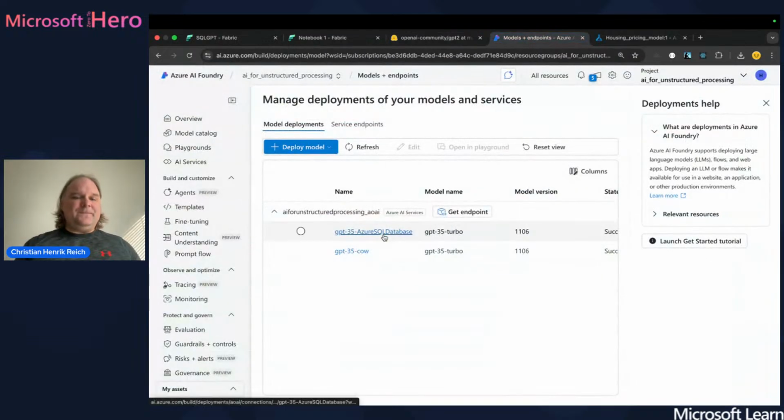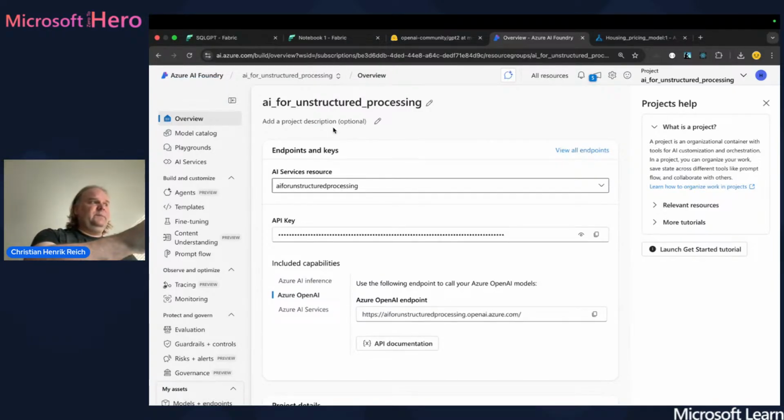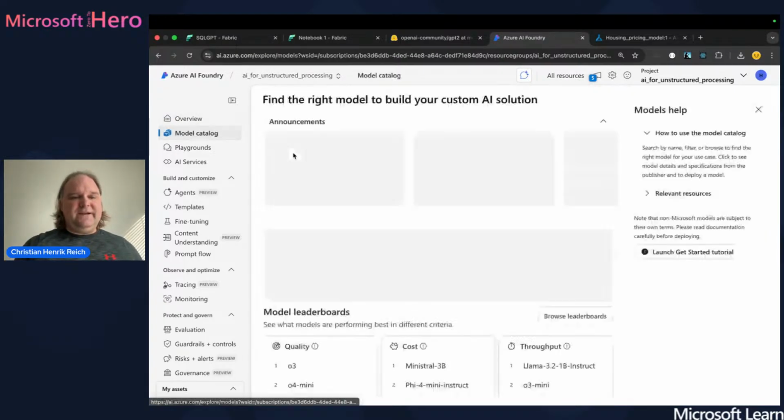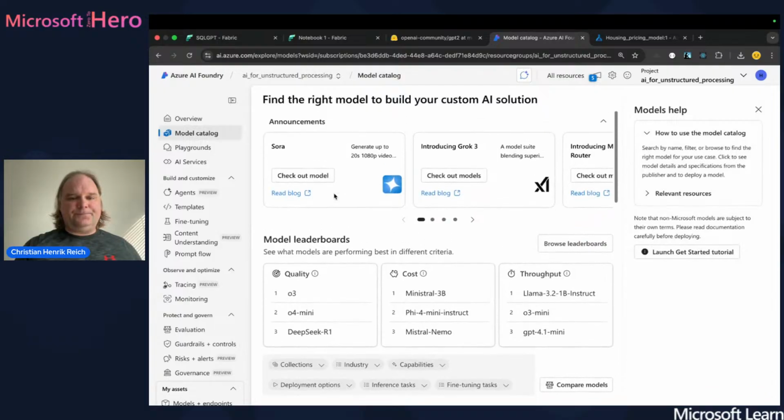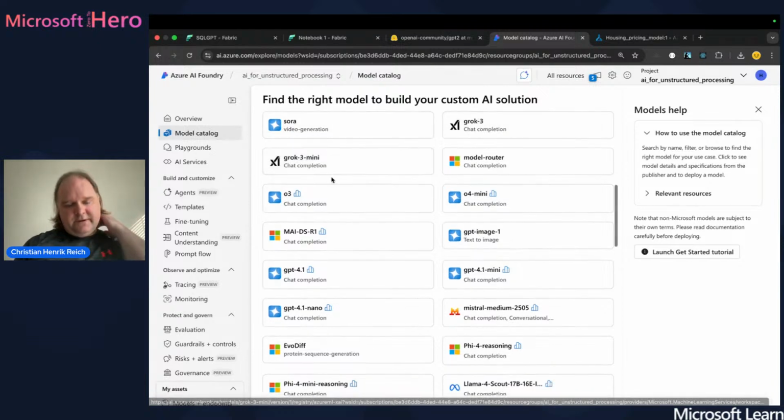But where I'm going is Azure AI Foundry. Fabric is becoming the one-stop for data in Azure, and AI Foundry is becoming almost the one-stop for AI in Azure. In the model catalog we have different things to select from, and Grok is the one from Meta.